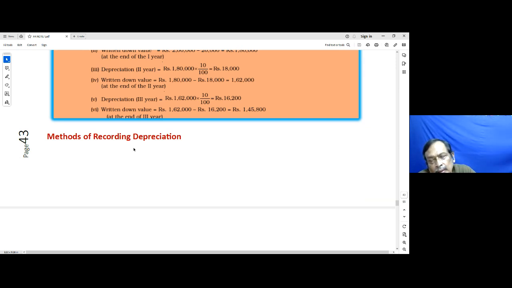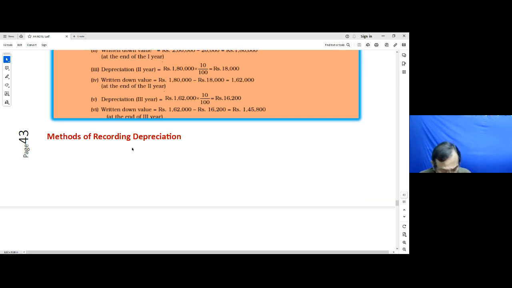So there are two basic methods which are actually being used for charging depreciation on assets, and these, as I have already told you, are the straight line method and the diminishing balance method.